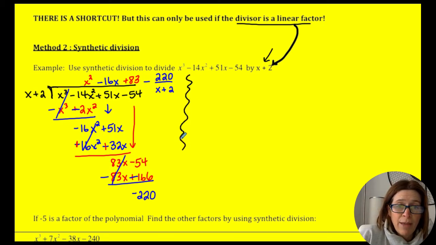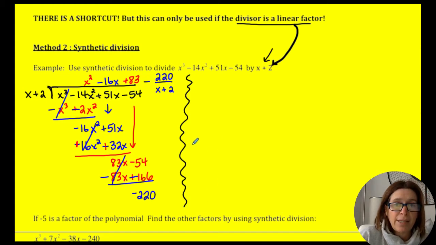I know I went through that long, but I wanted to compare this. Synthetic division is derived from the ordinary long division algorithm. It uses the coefficients of our dividend and the zero of the linear factor. First, I find the zero by setting the factor equal to 0.